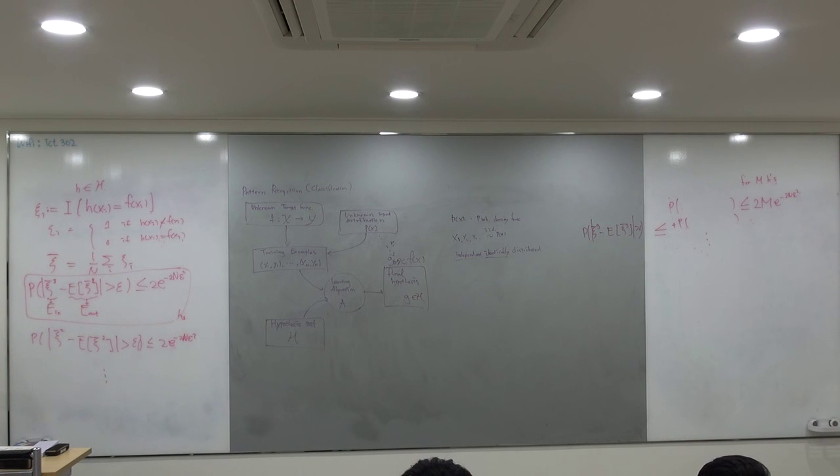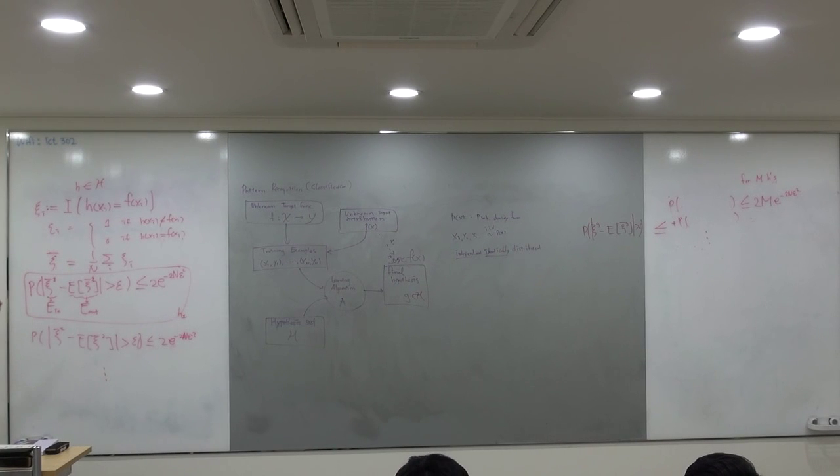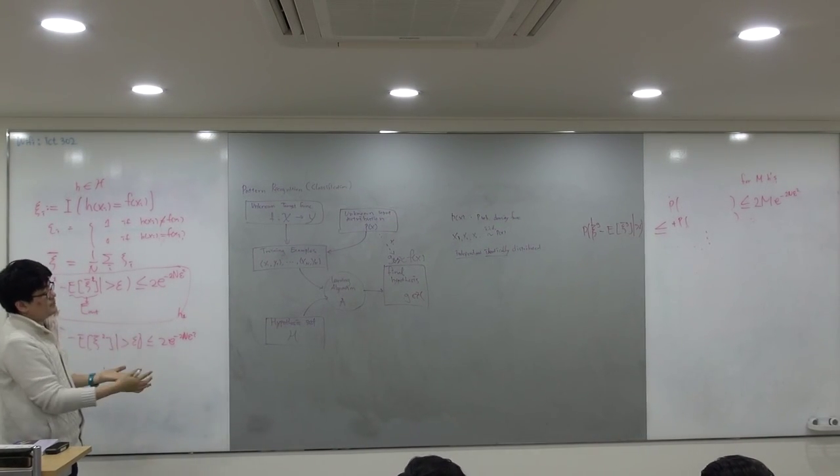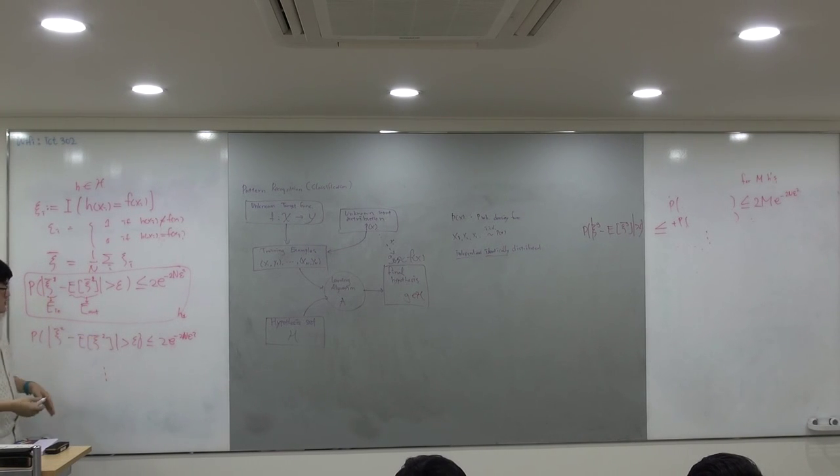And if you have many hypotheses, so if you have a classification problem with a straight line, you have many candidates of lines. So maybe you have a large number M of different hypotheses.